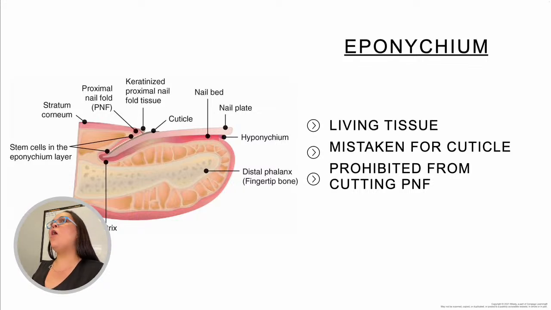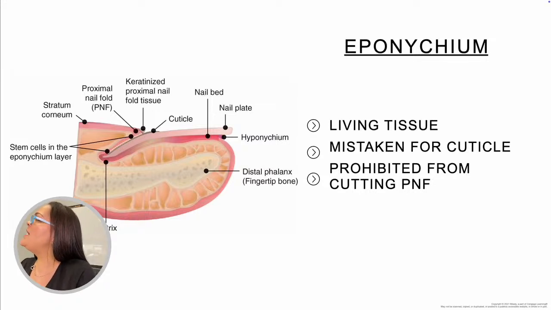And as they grow, they're protected by what? What keeps them alive? Remember what we just talked about? What is protecting the matrix? The proximal nail fold laying right on top of it, protecting it.